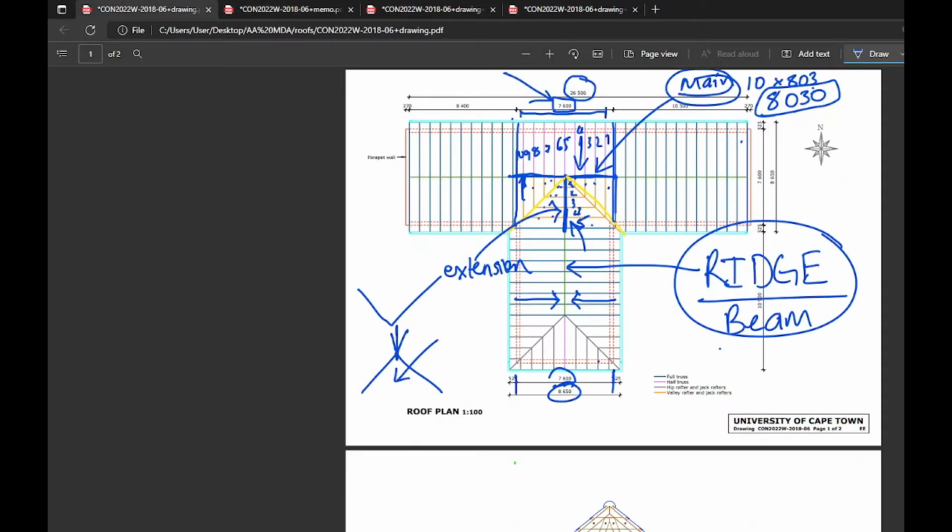This touches on another complicated thing: your ridge beam cannot stop on your last jack rafters. It needs to go one span further. And this will become quite obvious now. Your jack rafters are here. So if you say 8 times 803, you are putting a ridge beam there.